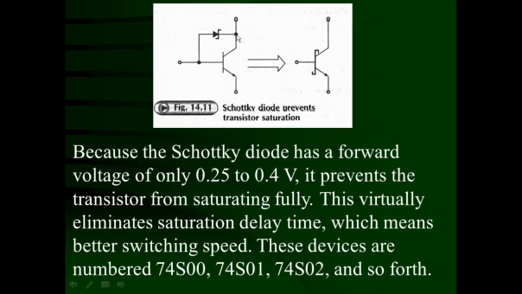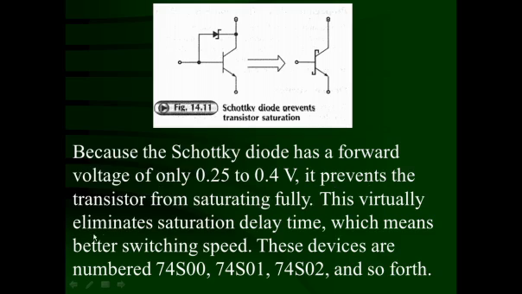So it will not allow this transistor to go into hard saturation, and hence it will prevent the saturation delay time. Because the Schottky diode has a forward voltage drop of only 0.25 to 0.4 volt, it prevents the transistor from saturating fully.